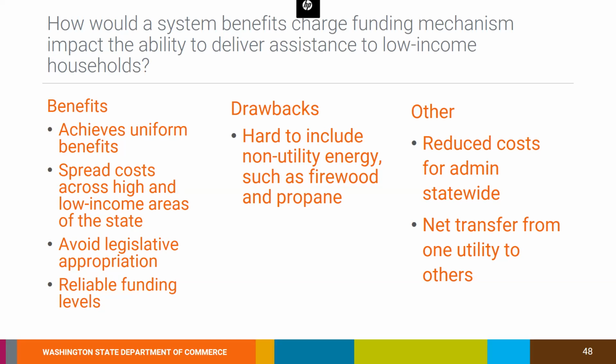The funding source really can't be decoupled from the overall design, in my opinion, because, for example, with this system benefits charge, I remember in our first public comment meeting, Hassan brought up that one way to make this more fair would be that utilities that had been investing heavily in supporting their income qualified customers should get some sort of credit back, or the charge would be reflective of that. And a per unit charge directly to our customers on the bill does not accommodate for that sort of flexibility, unless we're going to be refunding that customer for that charge at a later date, which sounds administratively circular and silly.